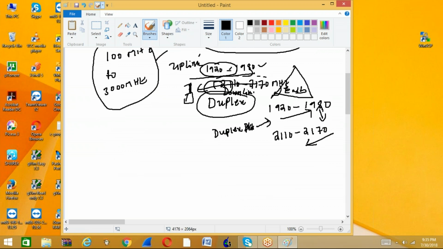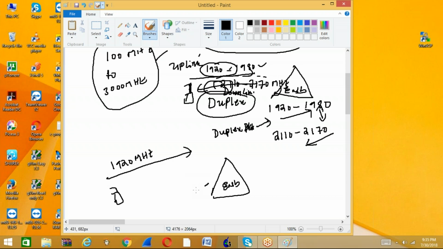If a mobile user uses 1920 megahertz in uplink, in downlink I use 2110 megahertz.